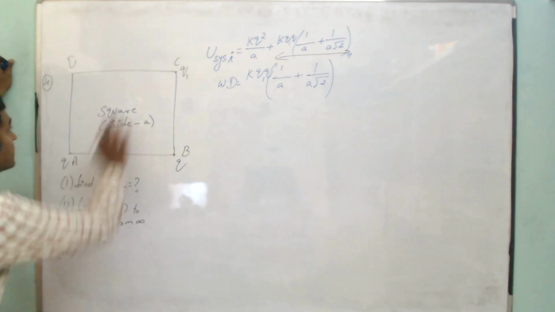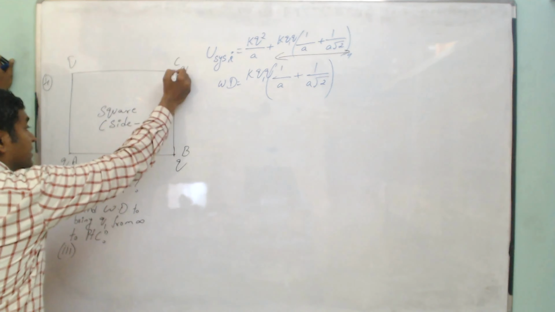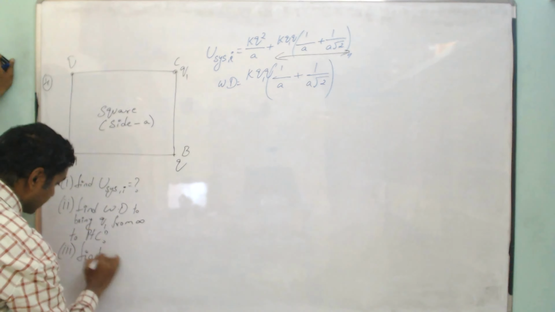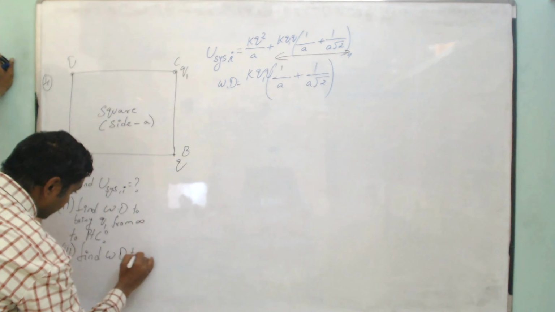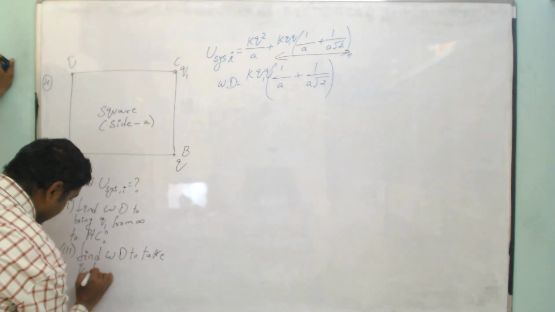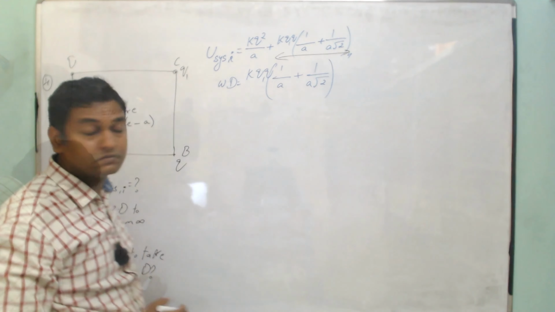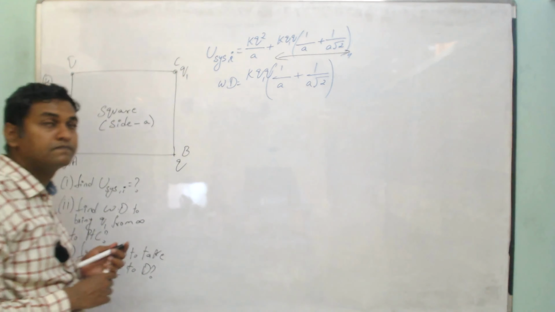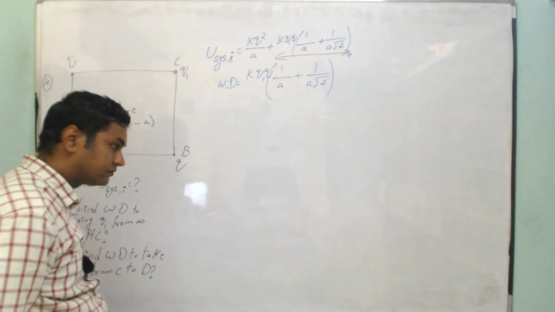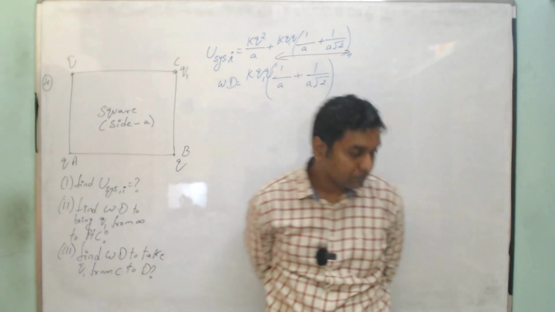Now, third question in the same thing, third part. Find the work done to take this charge Q1 from C to D. Sir, it will be the difference of this thing and the potential energy when we take it to D. Won't it be the same?